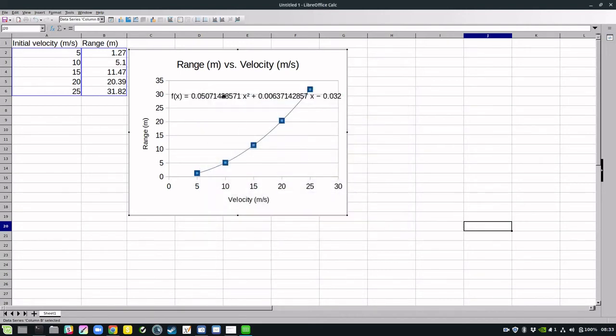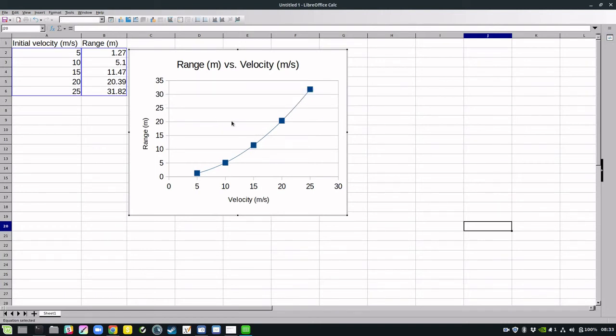Okay, go. So that looks like a very good fit. I think maybe we won't learn a whole lot from the equation, but just to see there's some relationship between f of x, the range, and the velocity x, and that goes as x squared. The fact that we're not starting from 0 introduces this other term, but it's really tiny, and there's almost no y offset.